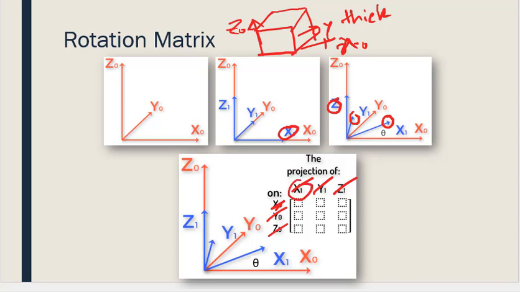X1 again this way, and for y and for z we have to calculate the same way. I think it's clear to you.